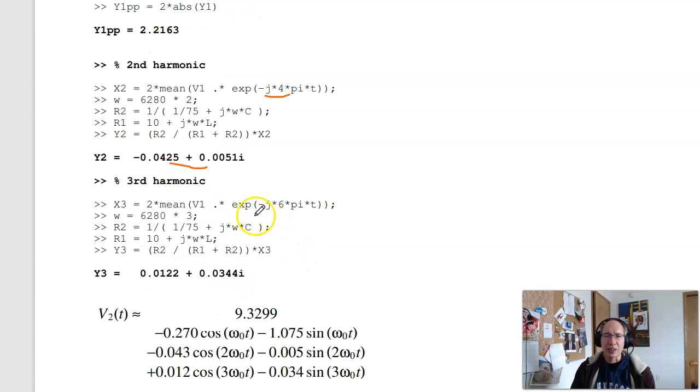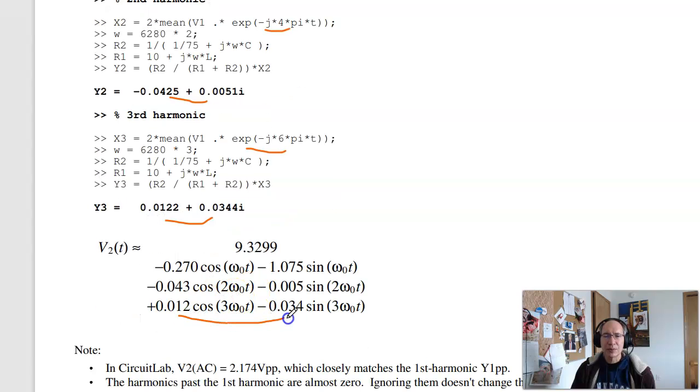Third harmonic, here's the input at 3 kilohertz, the frequency, resistance, inductance, voltage division, output at 3 kilohertz. So here's the answer. That's actually what CircuitLab is giving you, except it's giving you more terms.